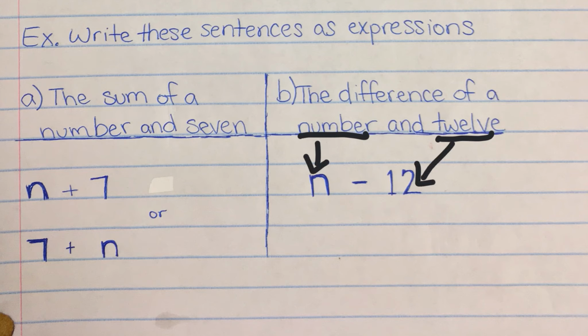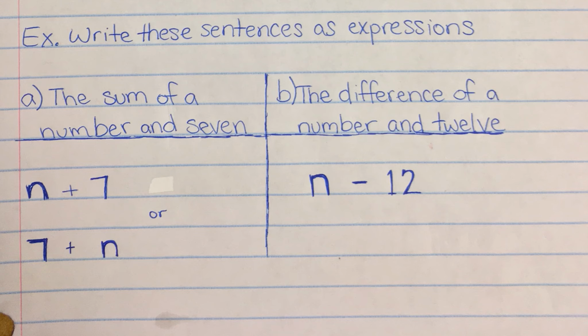Okay, and then because we have the word difference, we know that it is a subtraction problem. It's important here that we see that number comes first, so n comes first, and 12 comes second, so 12 is after the minus sign.